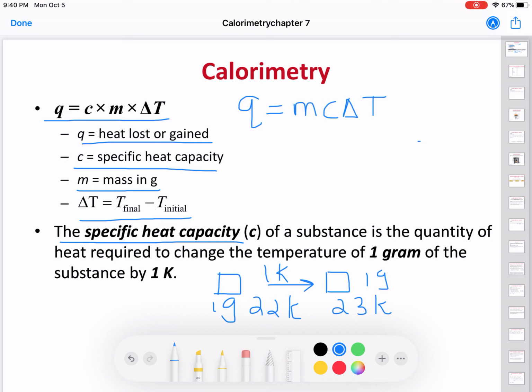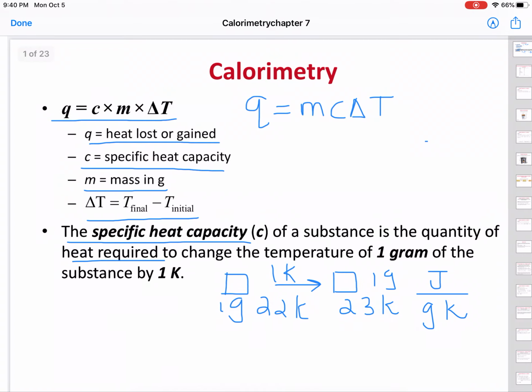Again, still it's 1 gram. What is the heat required? So specific heat capacity of a substance is the quantity of heat required to change the temperature of 1 gram of the substance by 1 Kelvin unit. Okay, so it's measured in joules, so the units are going to be joules per gram per Kelvin.